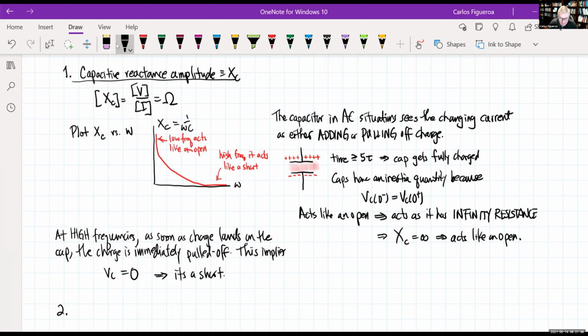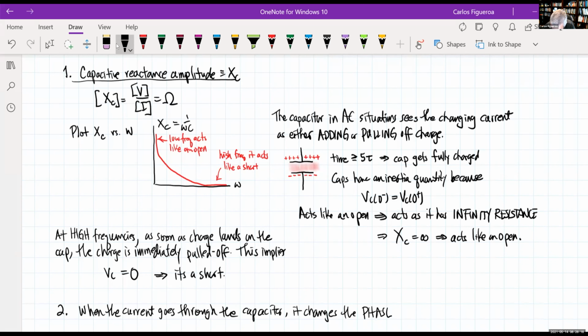We're looking at when the current goes through the capacitor, it changes the phase of the current.